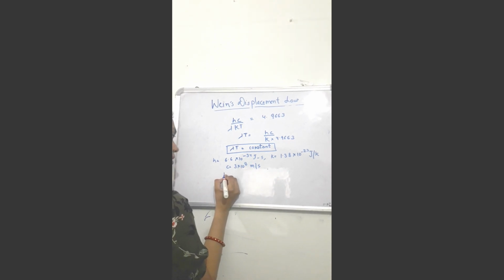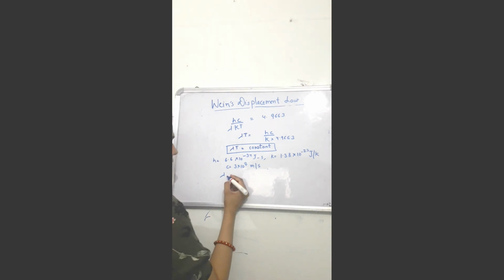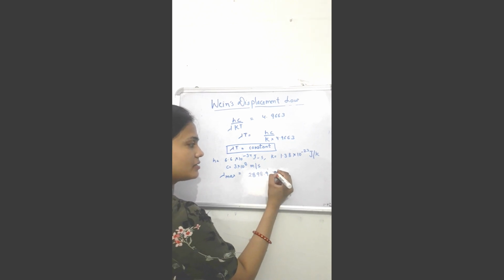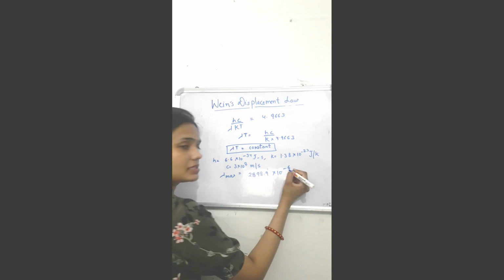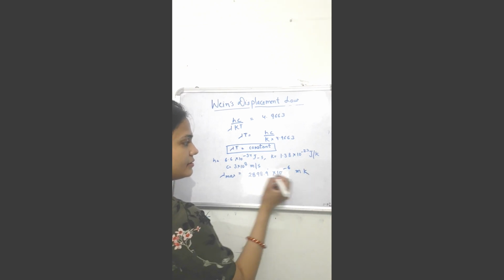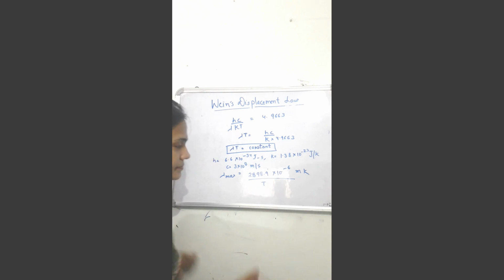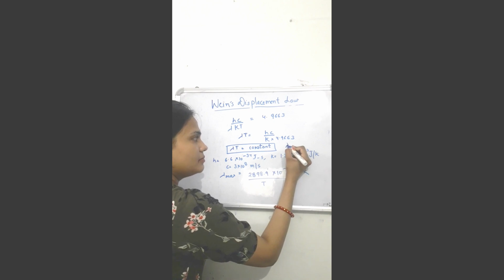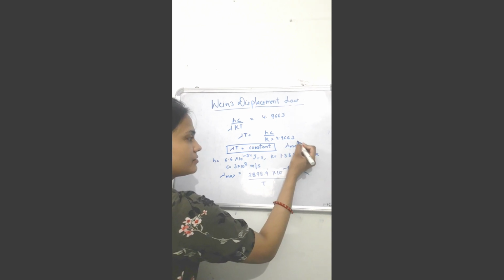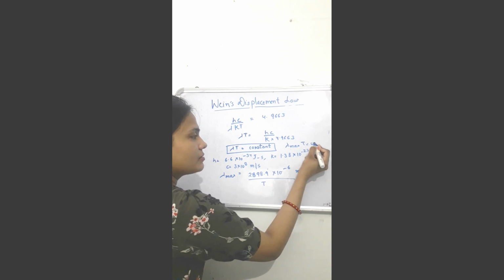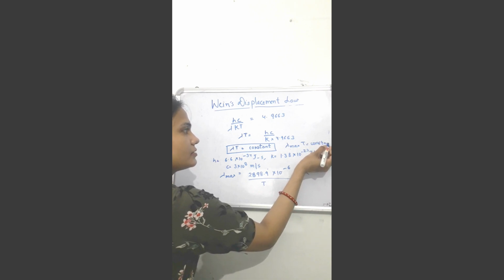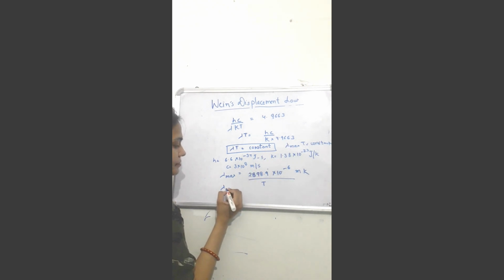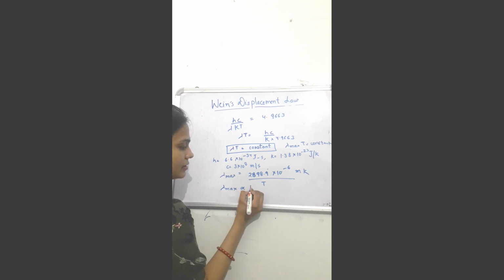We get λ_max T = 2.88 × 10⁻³ meter Kelvin. This is λ_max, where we are taking the maximum condition. So λ_max T is equal to a constant, and we can see from this relation that λ_max is proportional to 1/T.